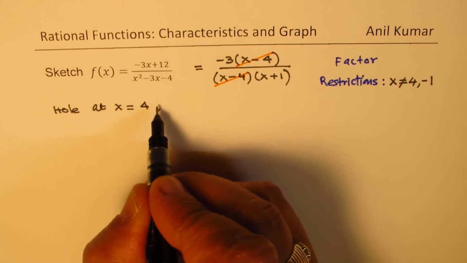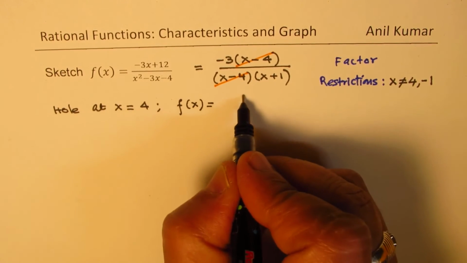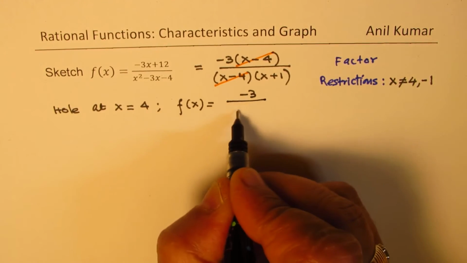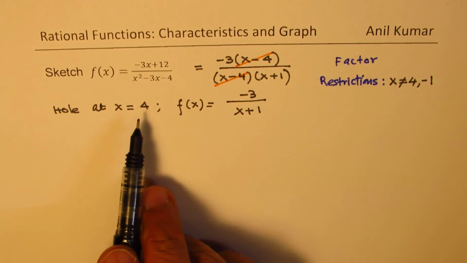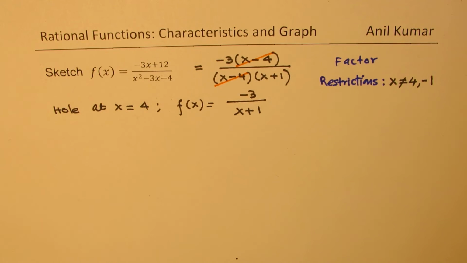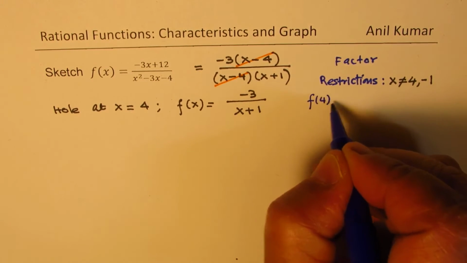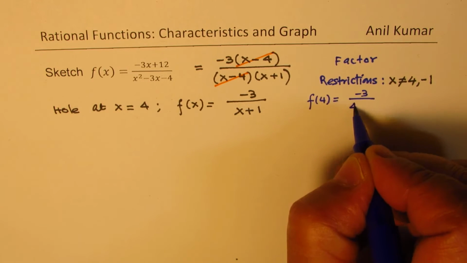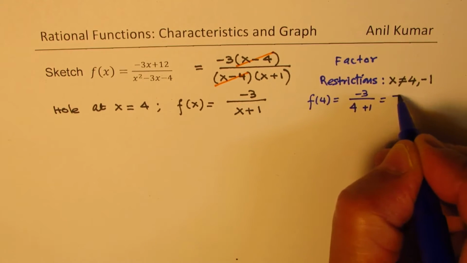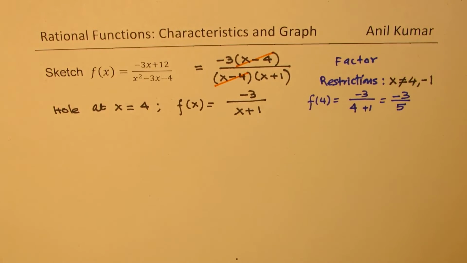Once it cancels, we can write this as f of x is equal to minus 3 over x plus 1. Now it is important to find the value of the hole itself. So at 4, what is the value of the function? It is minus 3 over 4 plus 1, which is minus 3 over 5. So that is the position of the hole.